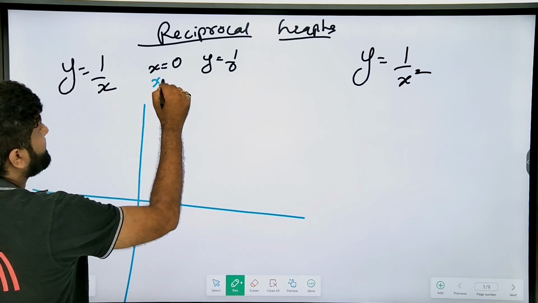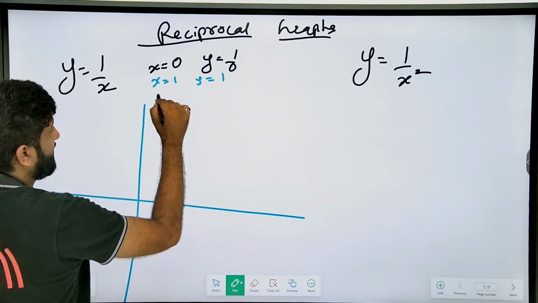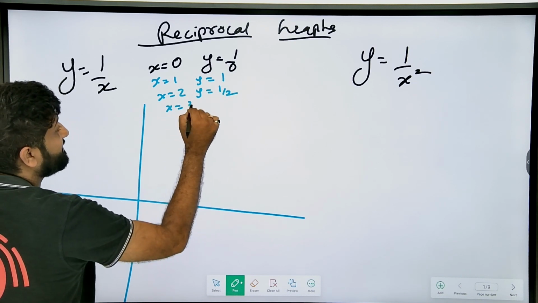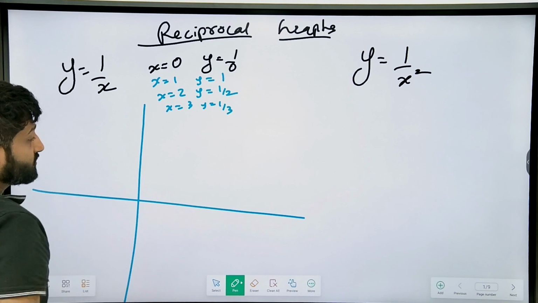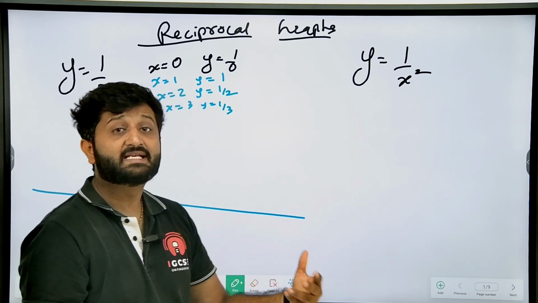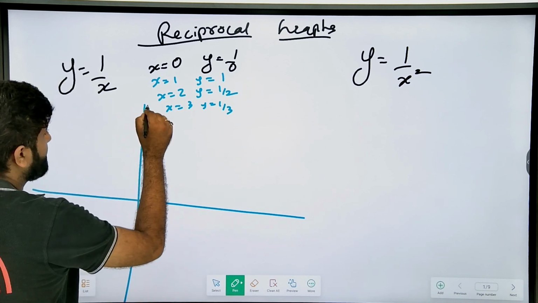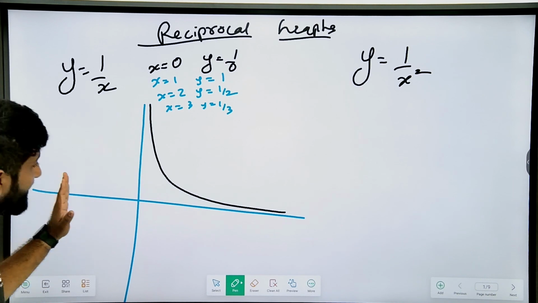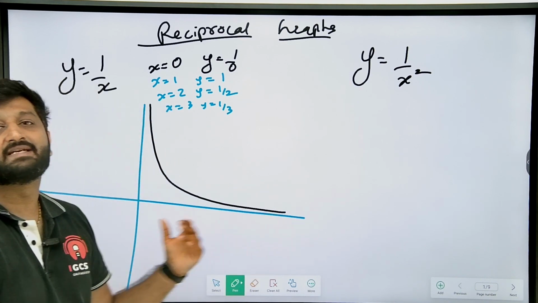And when x is 1, y is going to be 1. When x is 2, y is going to be 1 by 2. X is 3, y is 1 by 3. So as you are increasing the value of x, the value of y is decreasing, right? So this graph is going to go like this, right?